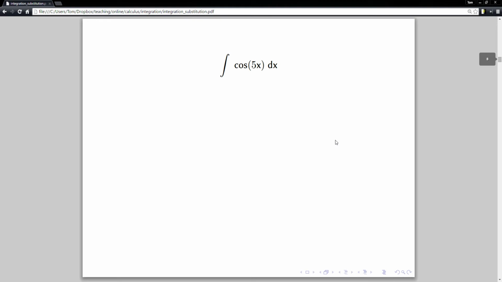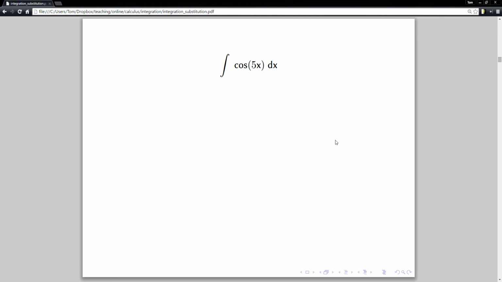Now here is the integral of cosine of 5x dx, and we're going to do this one without using substitution first, and then go back and rework it with substitution. Without substitution, basically what you would do is use the fact that we just looked at, that the antiderivative of cosine is sine.